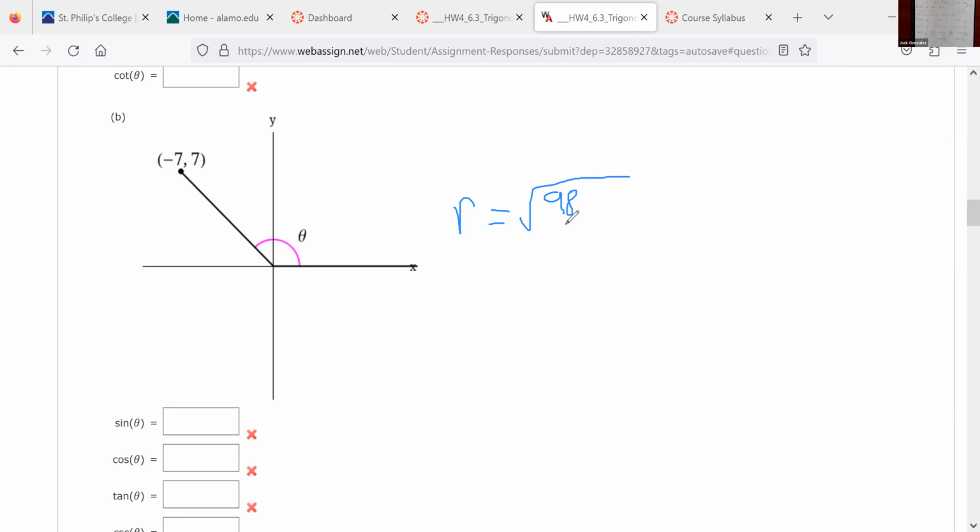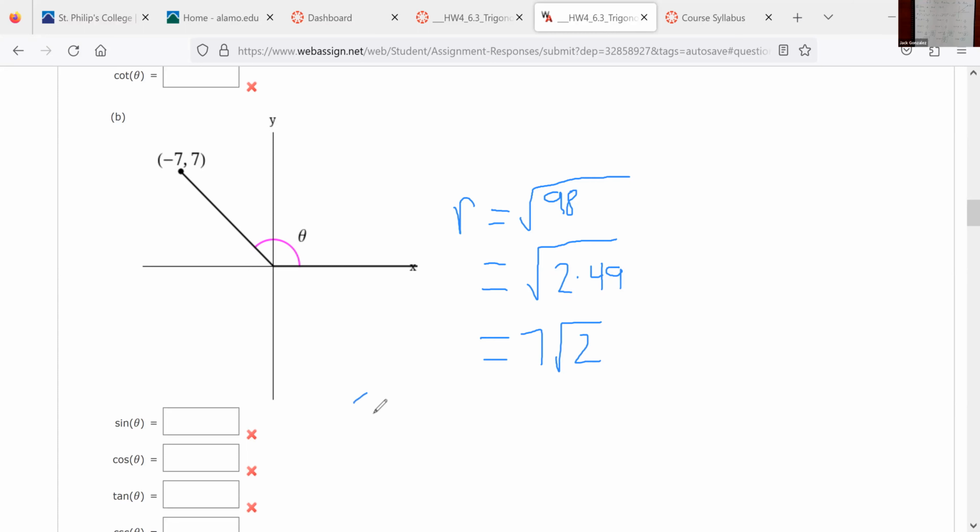Obviously, right? Yes, you're right. Because obviously we just said 49 plus 49. So this square root is like you said, square root 2.